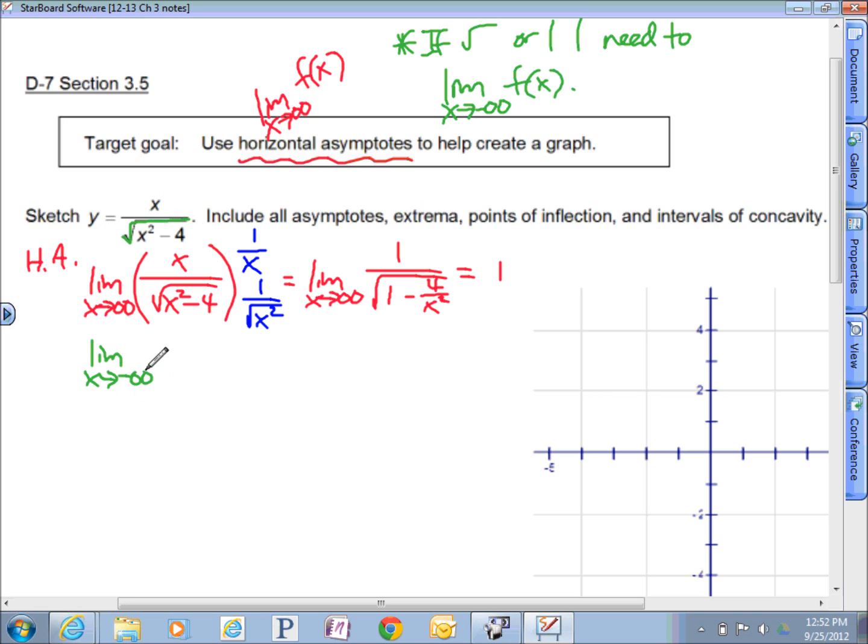So if I multiply this time, what's going to be different? Well, the only difference is that the highest power on the bottom is still x squared, and it's still underneath the square root. But now, in order to make it equivalent, I need to throw a negative on one of those quantities.